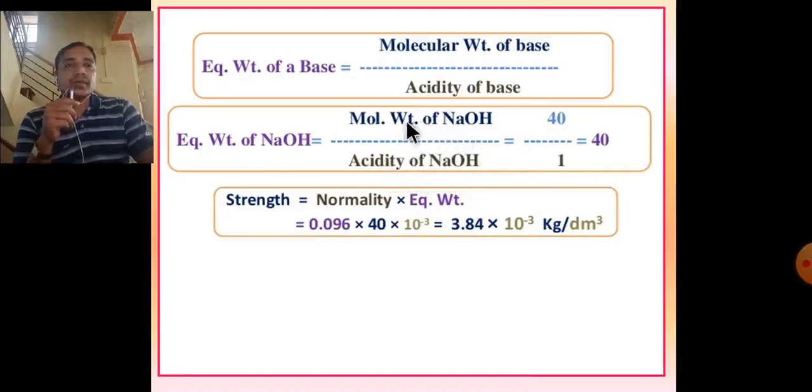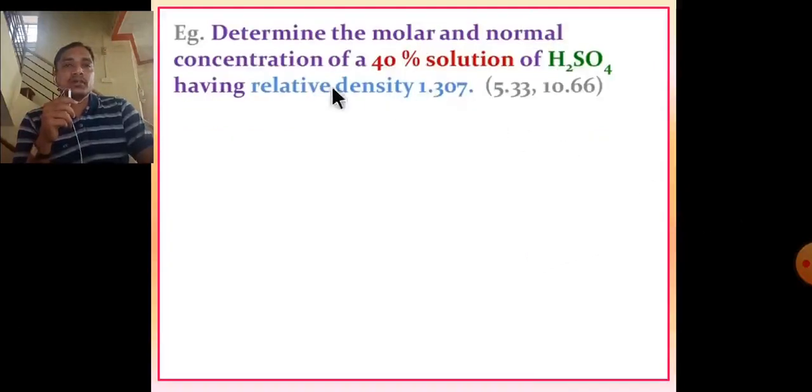That is, molecular weight of NaOH is 40 and acidity, that is OH, is 1, that is neutralized hydroxide ion in solution, so 40 upon 1 is equal to 40. Strength is equal to normality into equivalent weight, that is 0.096 into 40 into 10 raised to minus 3 is equal to 3.84 into 10 raised to minus 3 kg per dm cube. These are the examples to solve, students.